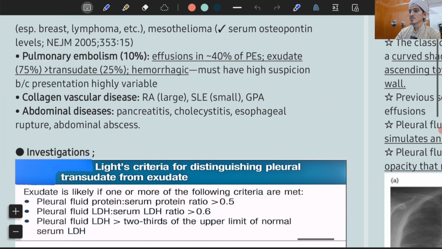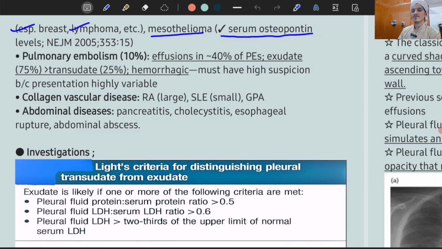Other causes include metastasis due to breast, lymphoma, and other causes like mesothelioma. In that you have to check serum osteopontin levels, which are raised when there is mesothelioma.